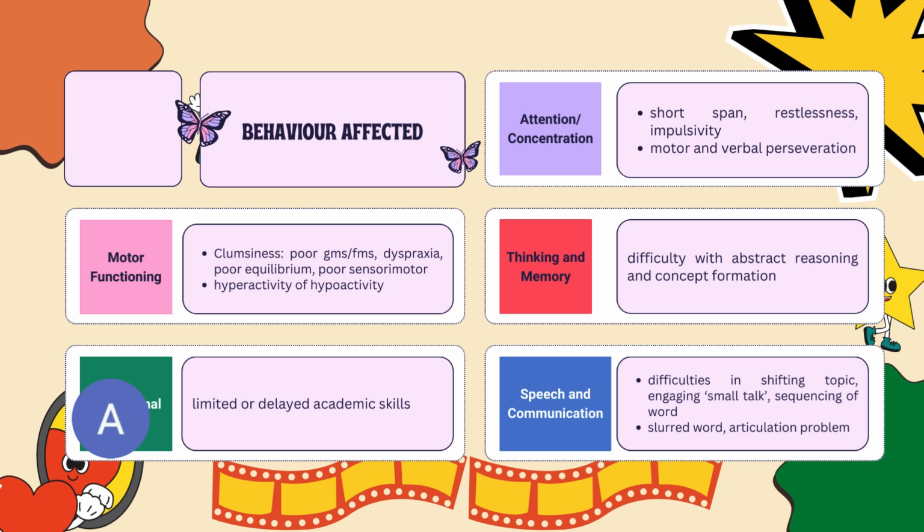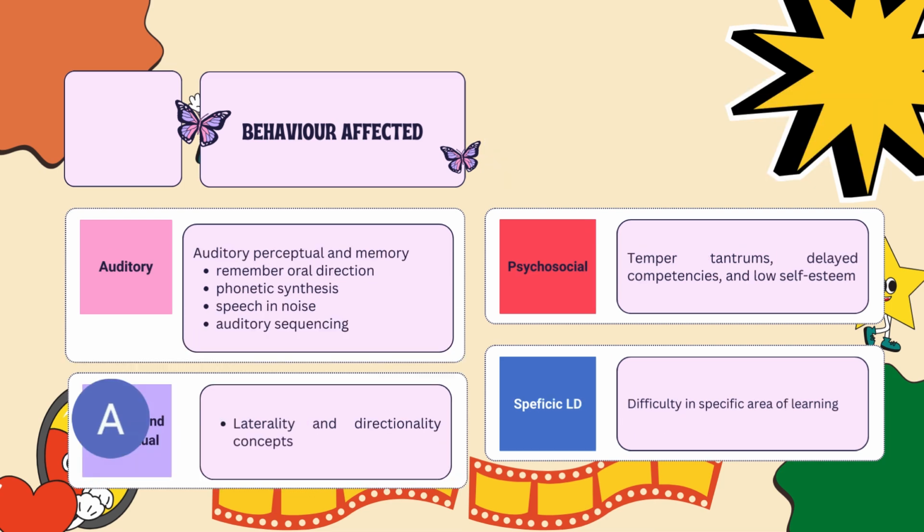The fifth one is the speech and communication category, in which they show difficulties in shifting topics, engaging in small talk, and forming sequences of words. This would also lead them to having slurred words or articulation problems in terms of vocalizations or babbling, still even at the age of 7, for example. It would also affect their auditory.